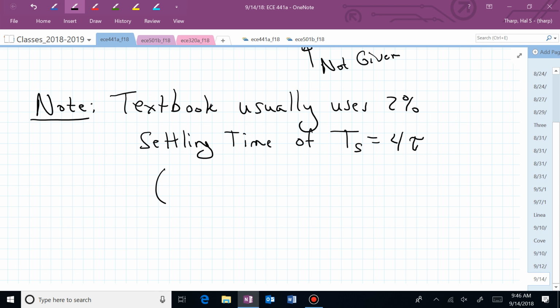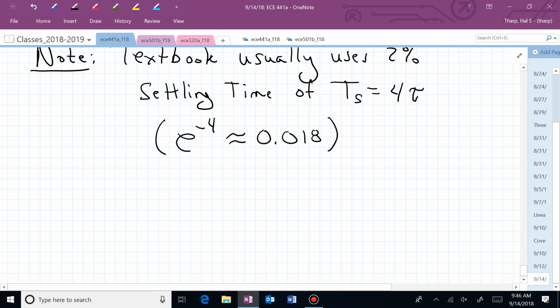So this is 4 tau instead of 5 tau, and e to the minus 4 is approximately 0.02, but it's not quite 0.02. It's 0.018. So maybe that's closer to 2% than the e to the minus 5 was to 1%. Anyway, the textbook usually uses 2% settling time.